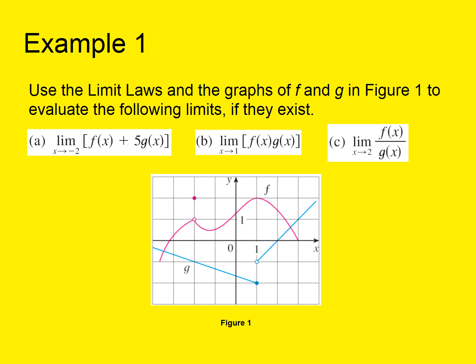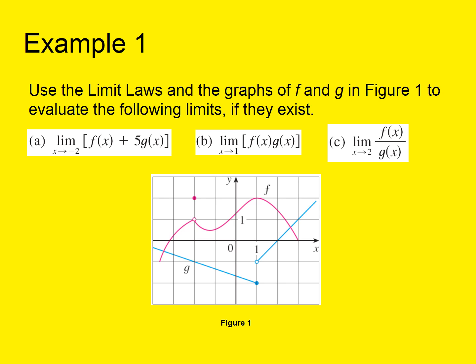Use the limit laws and the graphs of f and g in Figure 1 to evaluate the following limits if they exist. So we want to know what is the limit as x goes to negative 2 of the sum of f of x and 5 times g of x.